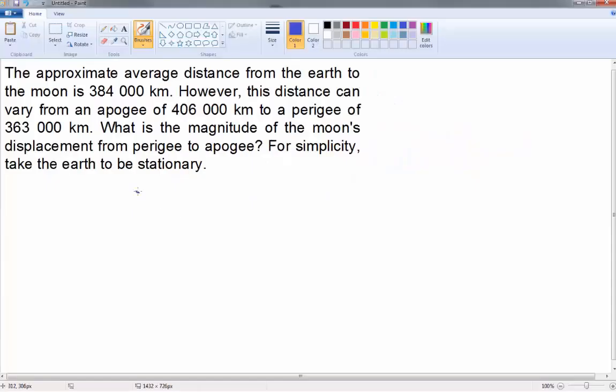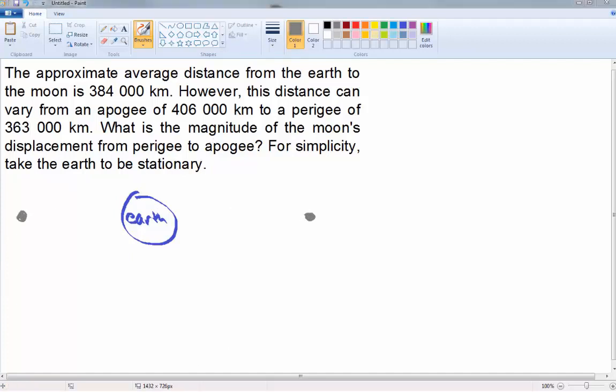To solve this problem, we can draw a diagram of the Earth and of the Moon, which is orbiting the Earth. So the Moon is here, then sometime later the Moon is over here.